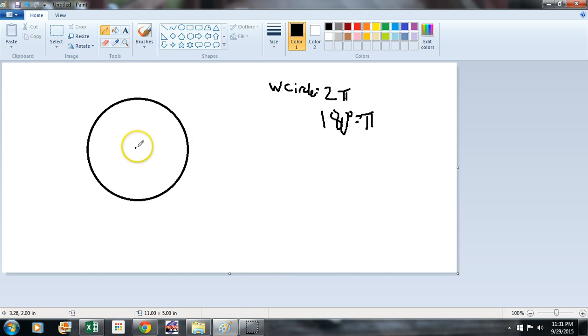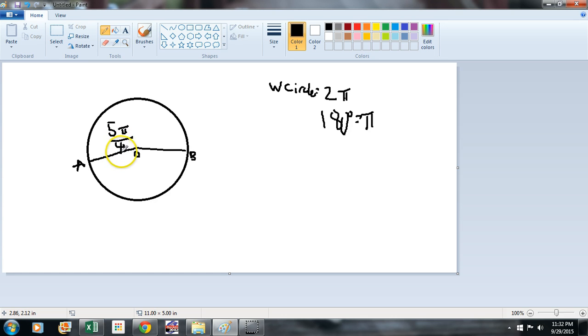Okay, so 5 pi fourths would be larger than that. So coming through here, we'll say this is our angle that we have here. So we'll say, alright, this is A, this is a very large angle, OB. And this tells us that this is 5 pi fourths.